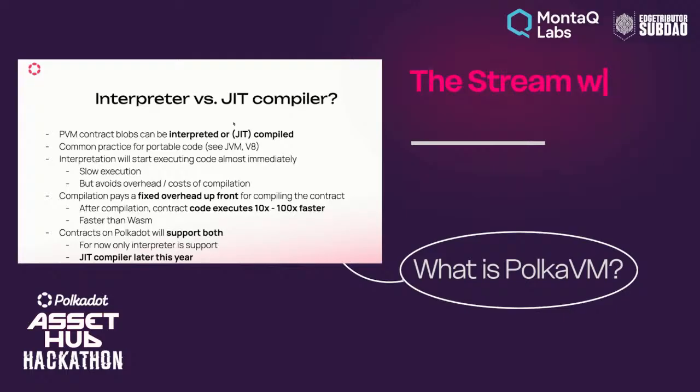But if you can compile your contracts, yes, you pay a fixed upfront overhead, but after compilation, your code executes much faster. It executes in near native speed, and with this I mean actually near native speed, as we'll see in some benchmarks. And contracts on Polkadot Hub will support both. We just start with the interpreter, and the JIT compiler will follow later.